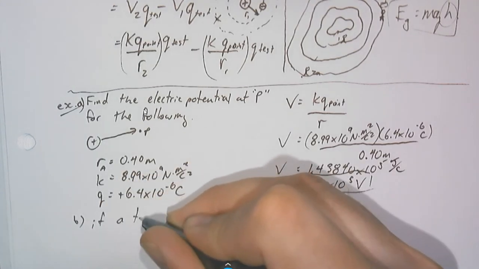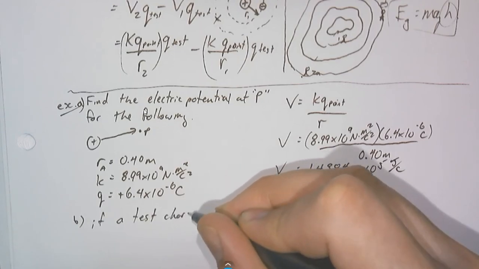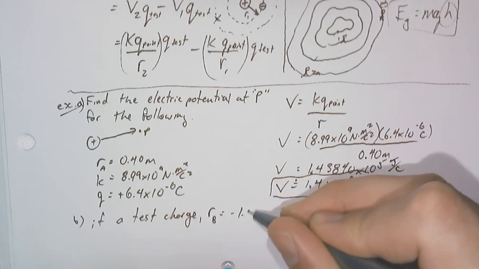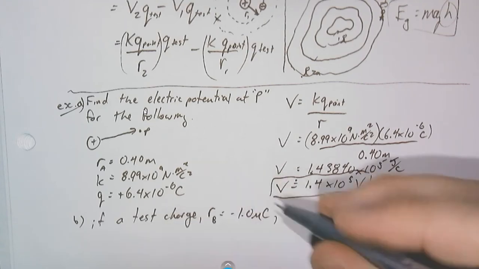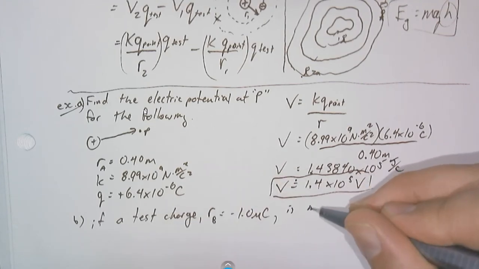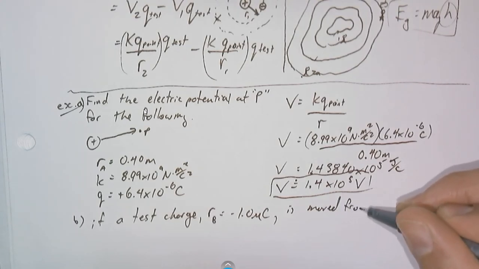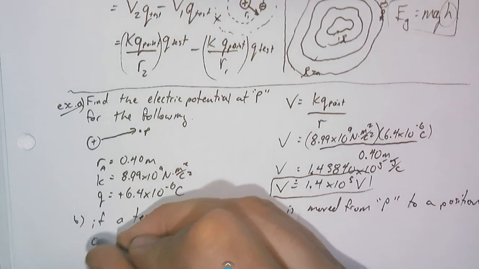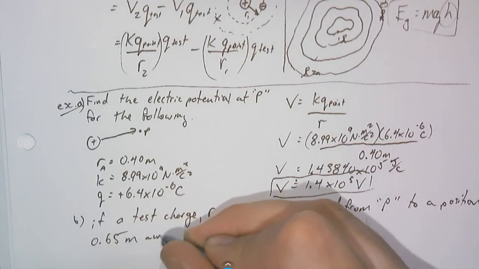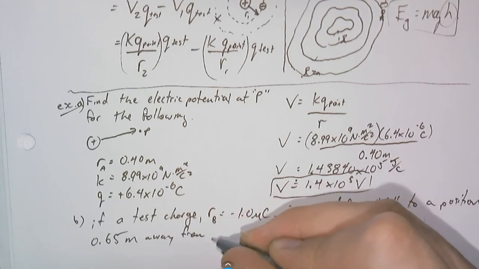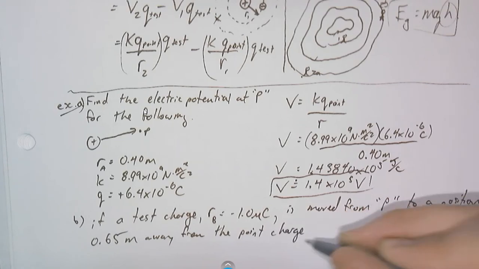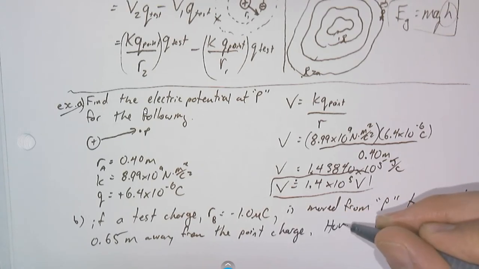If a test charge of negative 1.0 microcoulombs is moved from P to a position 0.65 meters away from the point charge, how much work was done?